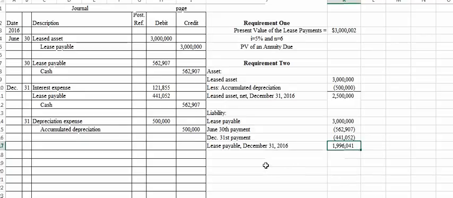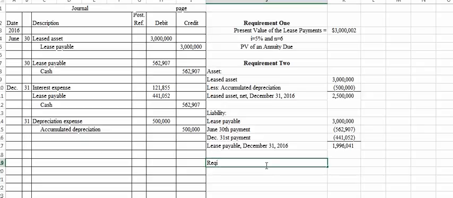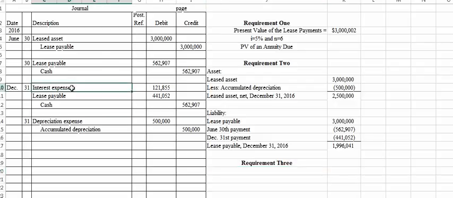And then on requirement 3, they want to know, I believe, the income statement effect. What amounts related to the lease would Georgia Atlantic report in its income statement for the year ended December 31, 2016? Well, you'd only have expenses, you guys. You'd have some interest expense here, and you'd have some depreciation expense here.